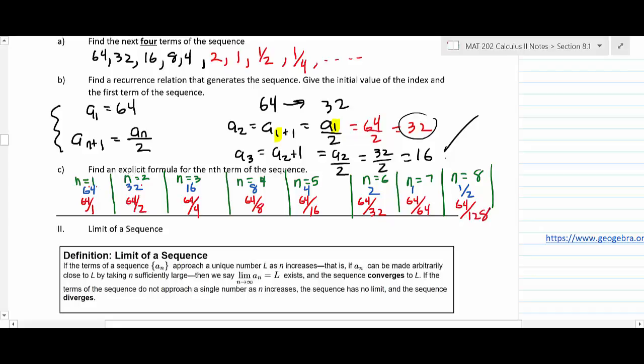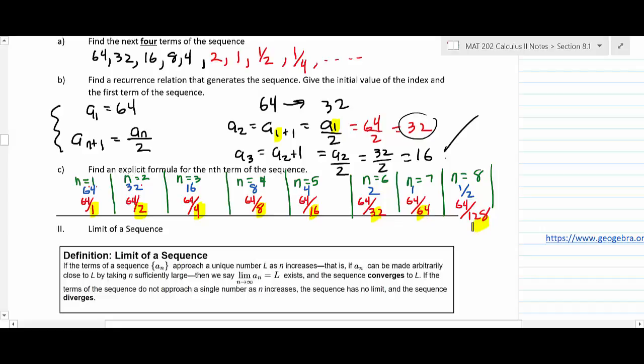I'm just seeing the pattern and how it relates to 64, the first term. If you see that pattern, it's not too hard to come up with the formula, because your numerator is fixed at 64. What's going on in your denominator? What pattern do you see there?